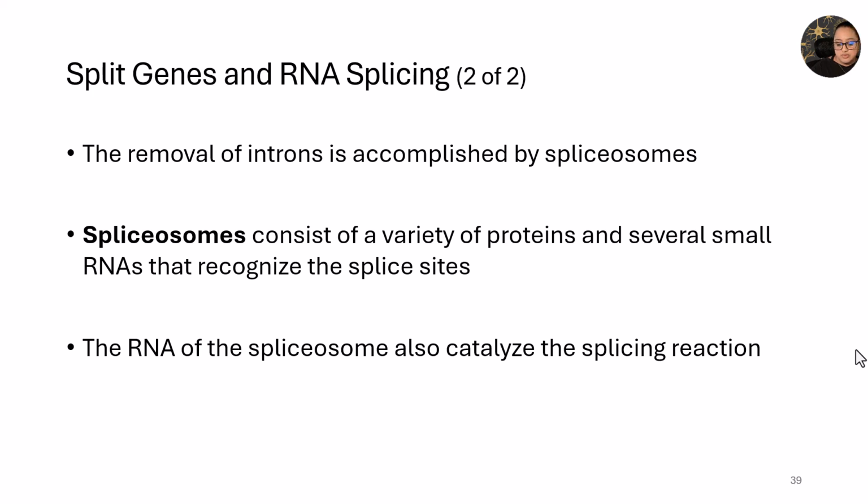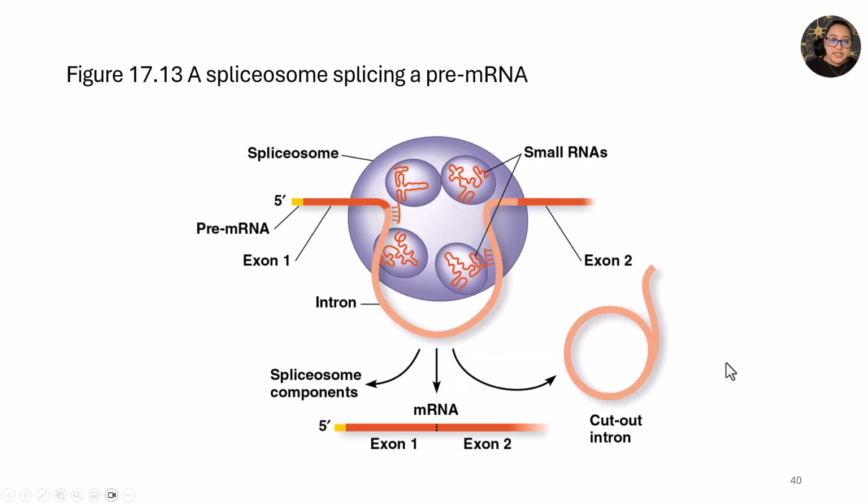And the RNA of the spliceosome also catalyzes the splicing reaction. Here is a picture of a whole spliceosome, and there are small RNAs inside that recognize parts of the intron. They help say, okay, we've got to cut all this stuff out. And so they cut out from here to here based on what those small RNAs recognize inside of a spliceosome. It gets formed into a loop, and then that whole thing gets cut out.